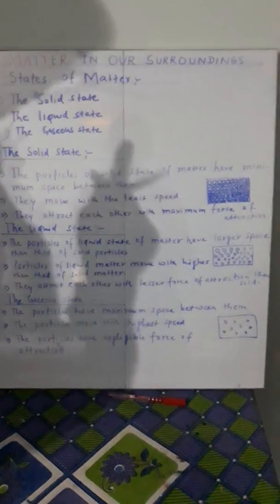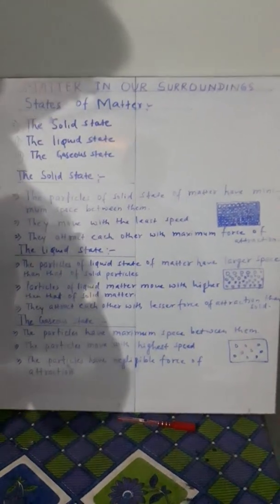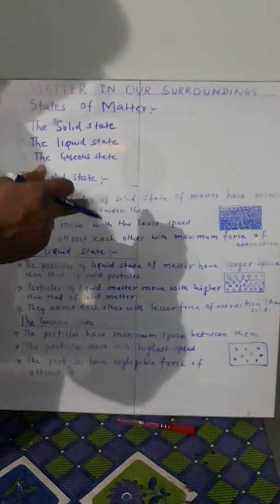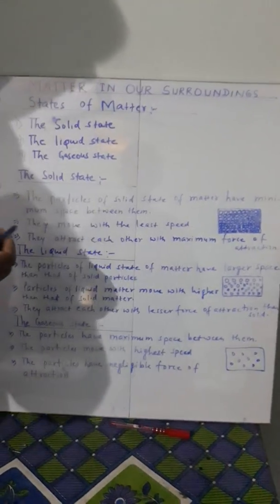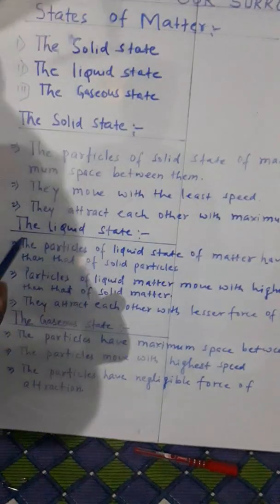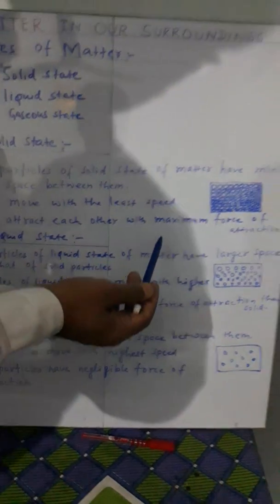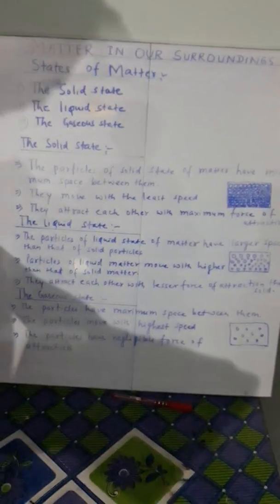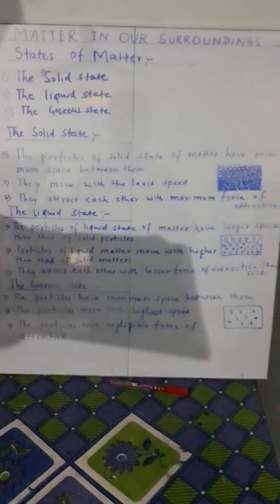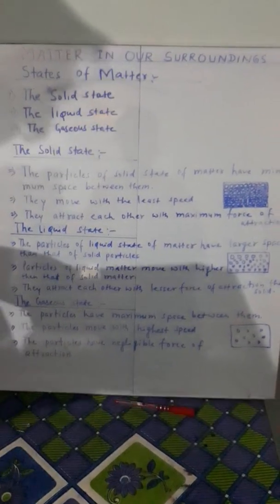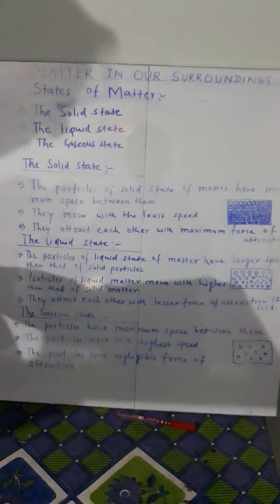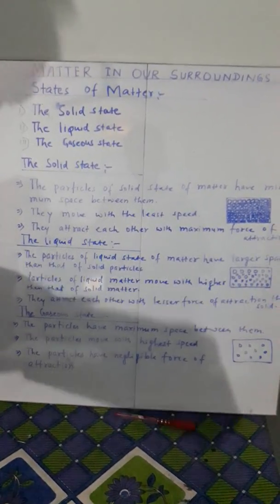And these are all due to the 3 properties: the particles of solid matter have minimum space between them, they move with the least speed, and they attract each other with the maximum force of attraction. So there are some cases, like, what about a rubber band? Can it change its shape on stretching?